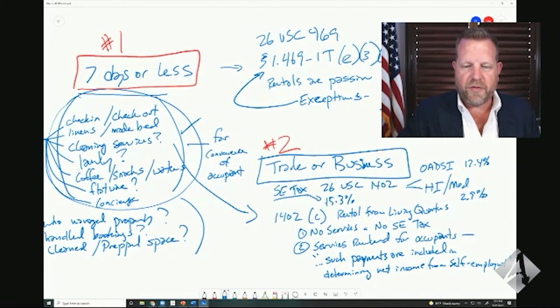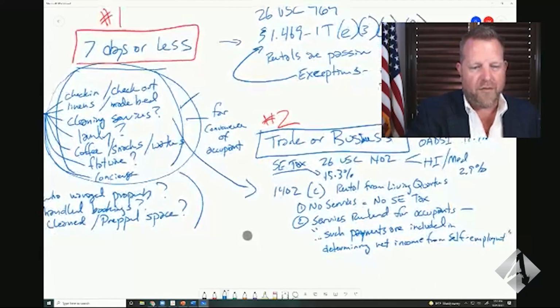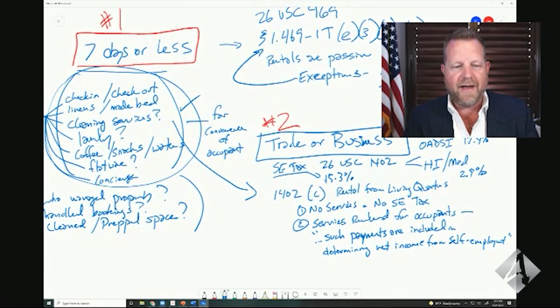All right. So you have a lot of people out there, really smart people, that like to say, oh no, it has to be services rendered during the occupancy. One of the things that they immediately say in a lot of the publications is maid services.